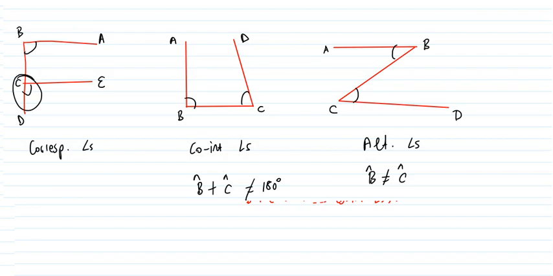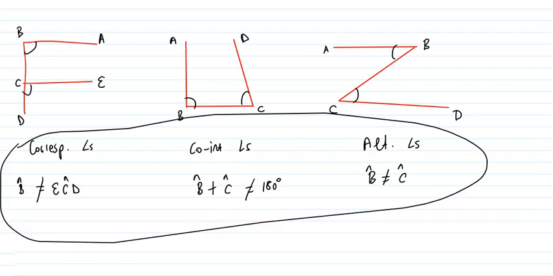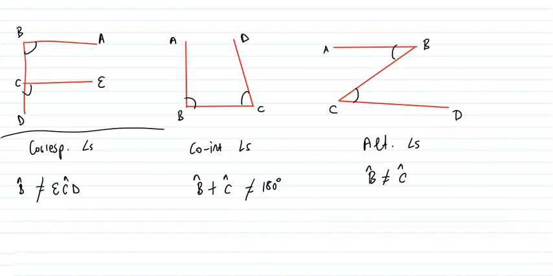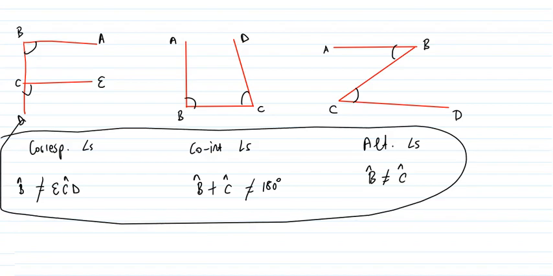To correspond means that they are in similar positions. But is angle B equal to angle ECD? No, they are not equal. Your corresponding angles are not equal. Why? Because the lines are not parallel.